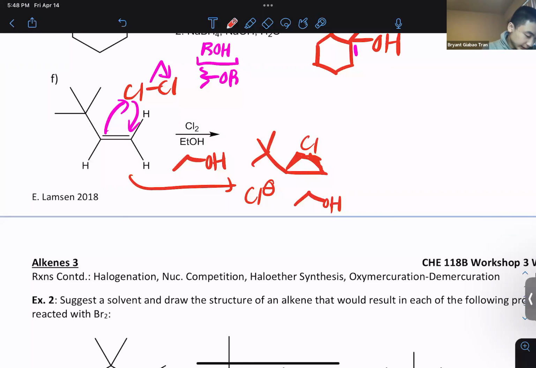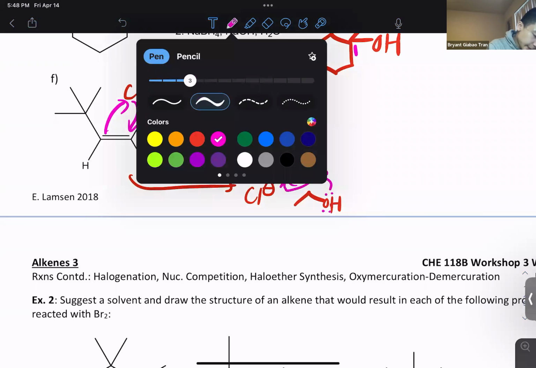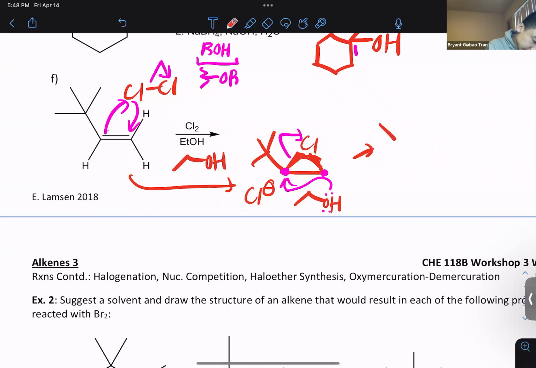And so now, since we're in acidic conditions, think of it as an epoxide. We want to attack on the more substituted side of the carbon because we want to see which carbon here would give us the more stable carbocation. Would it be the carbon that would give us the secondary carbocation or the primary carbocation? So since the secondary carbocation is more stable than the primary carbocation, this carbon here is the one that's going to be attacked by the nucleophilic alcohol, kick out the chlorine on the other side. Then that would give us this product here.